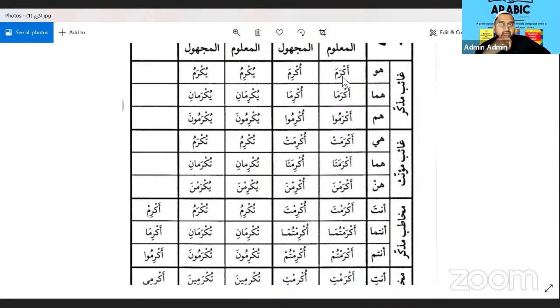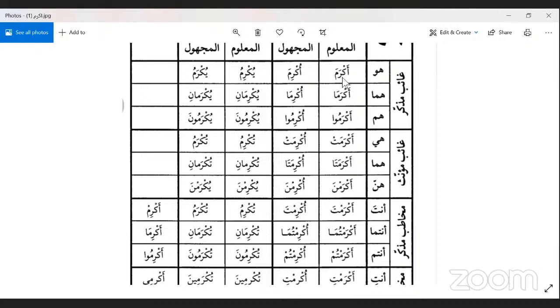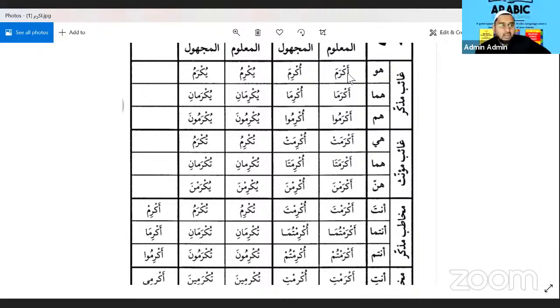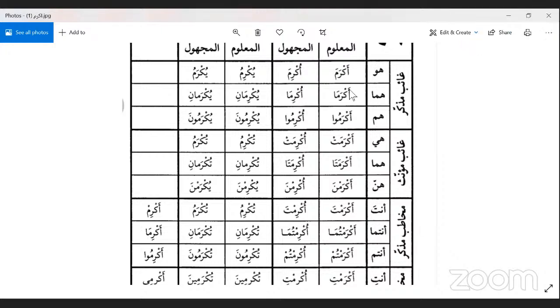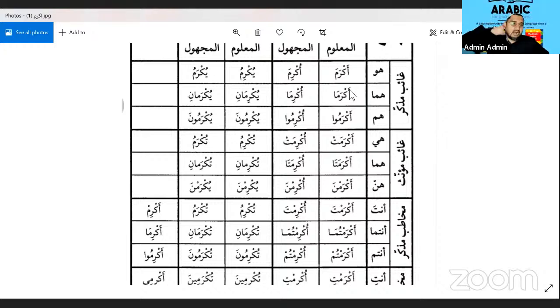So here we have an extra letter, and the reason we have an extra letter is to change the meaning so that it has a different meaning from the original three-letter verb. That's the reason why we have four-letter verbs in the Arabic language. Originally, the four-letter verb was a three-letter verb.